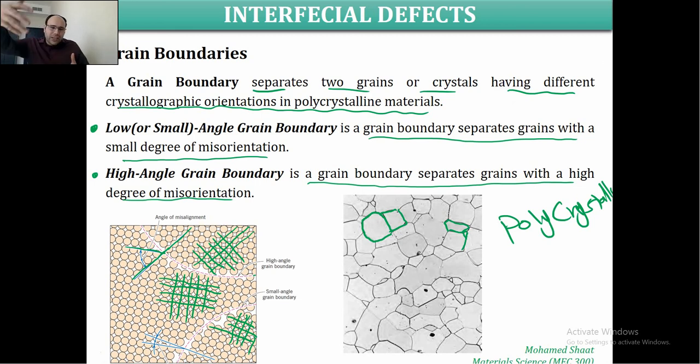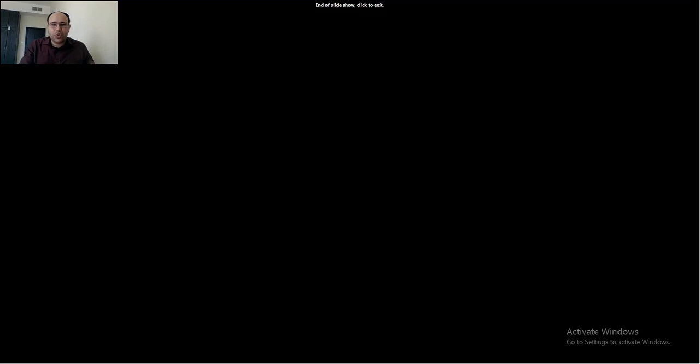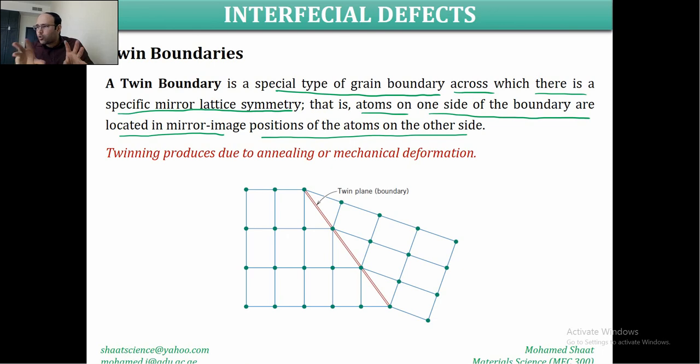But if one grain has penetrated into the second grain, this results in another boundary known as the twin boundary. So it could be considered as a different group than the conventional grain boundary. It is a special type of grain boundary which represents a symmetry, like a mirror around this plane, where you still have the same crystal structure, within the same crystal or two different crystals that have been welded, merged or penetrating into each other to generate this twin plane.